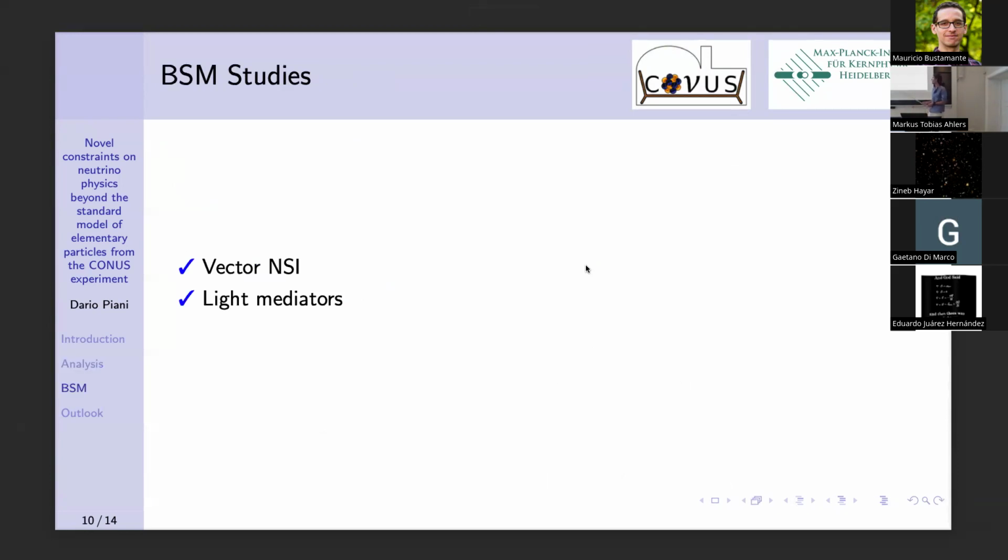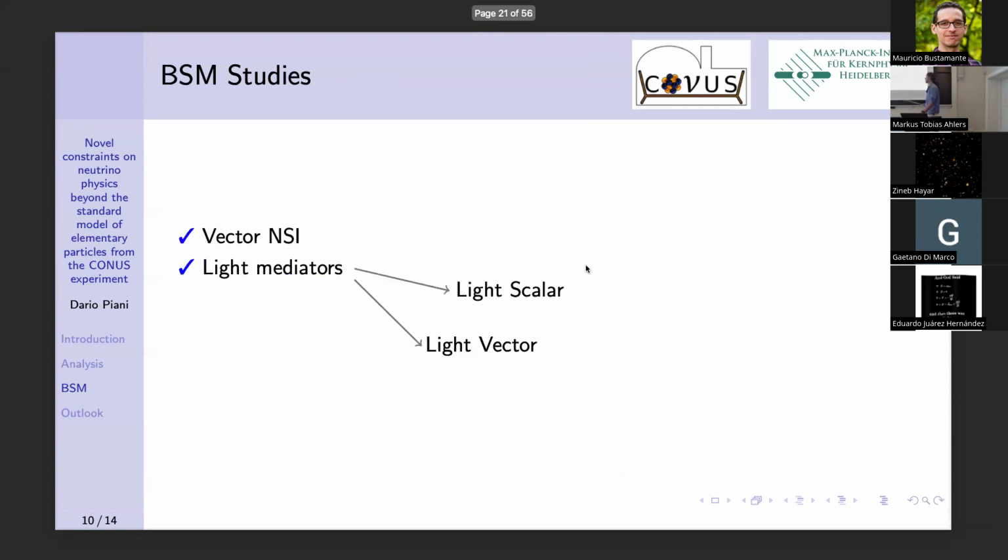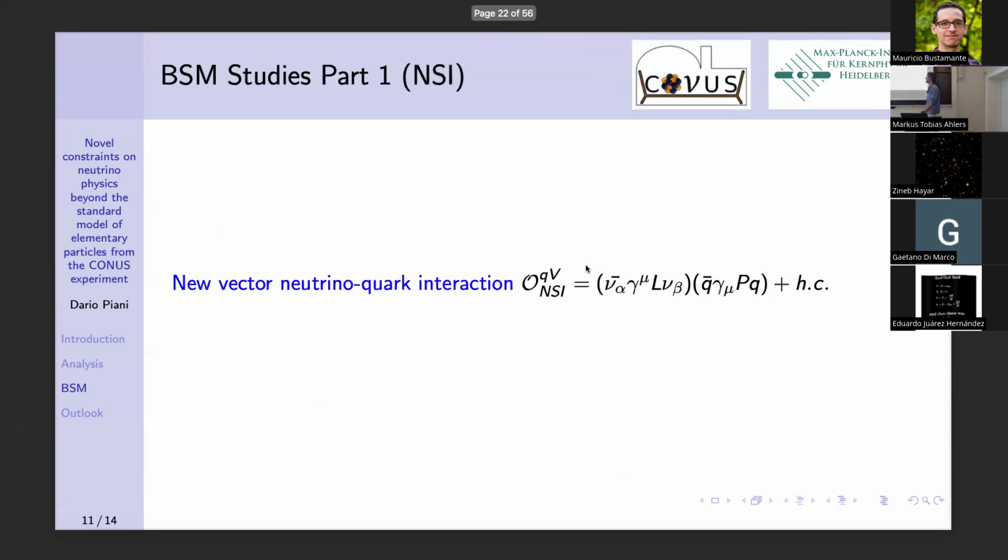Now, what kind of beyond the standard model effects are we going to talk about today? We're going to talk about vector NSI, which stands for non-standard interaction, but also light mediators, specifically light scalars and light vectors. Why vector NSIs? They offer a relatively model-independent way to modify the standard model to include an interaction that couples neutrinos to quarks.